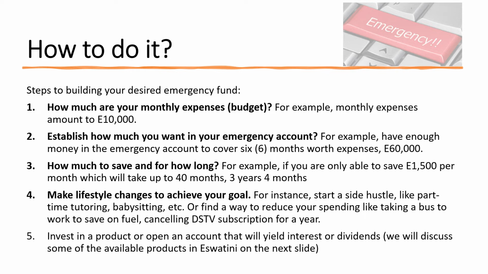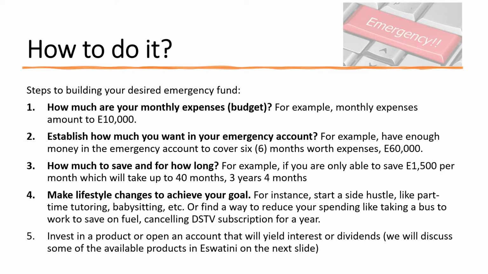It's going to take a bit of time, because if you put aside 1.5, it's going to take you 40 months, 3 years and 4 months. That might look like a long time, but we can just cross fingers that no emergency happens in that period of time whilst you are building your emergency fund.